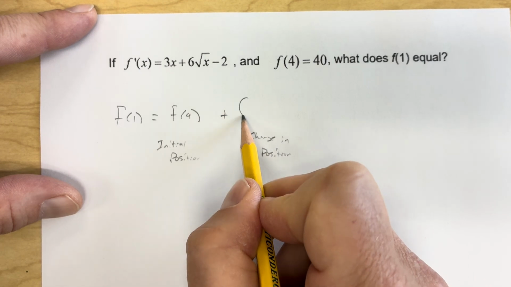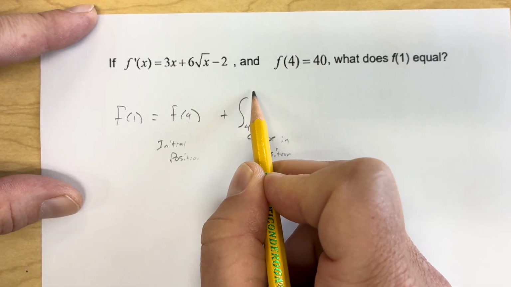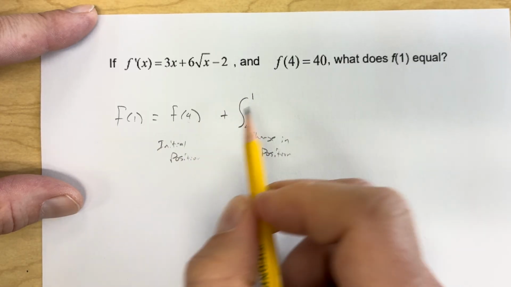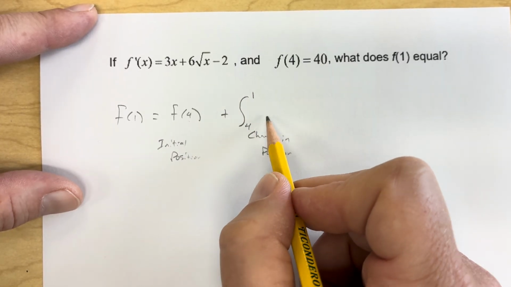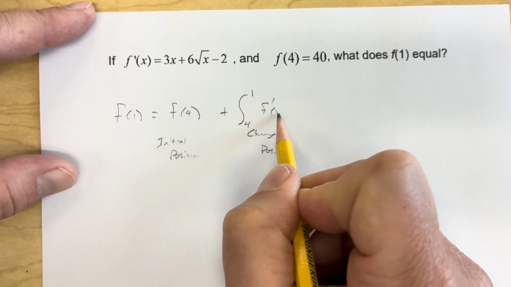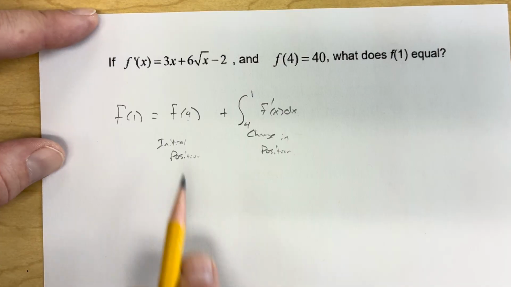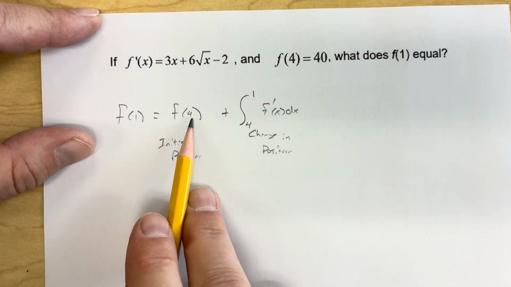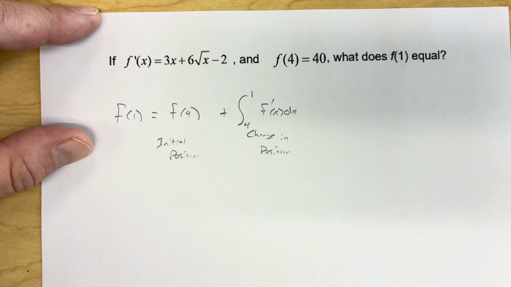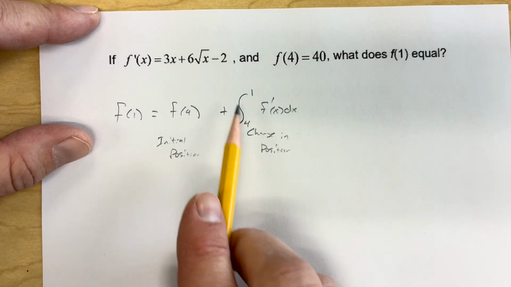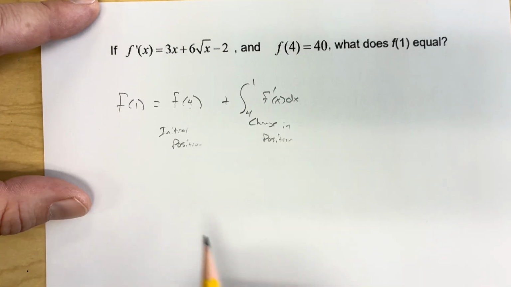Now, the change in position is from this time, 4, to the time that I want to be at, which is 1. And what I would do normally here would be like a velocity, right? Well, in this case, it's going to be our derivative. So if you're thinking position function, my future position is a former position plus the change in that position. Well, it works the same way going backwards. We don't have to even mess around with this or anything. We can use the exact same kind of format here to do that.